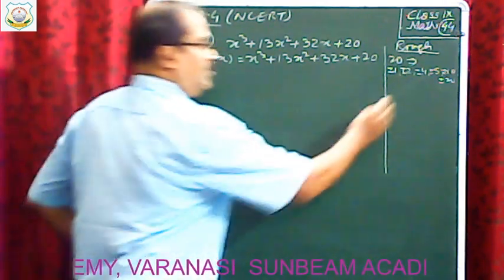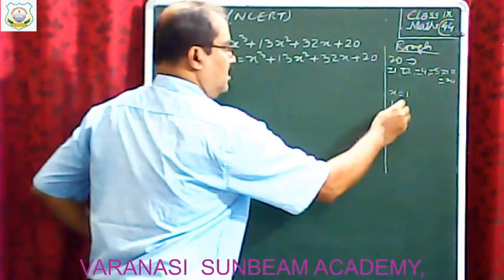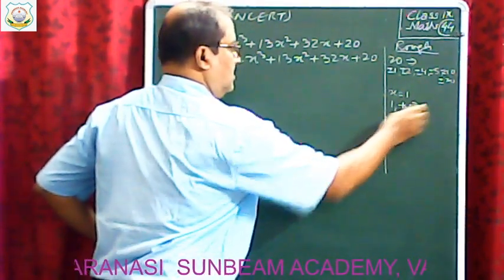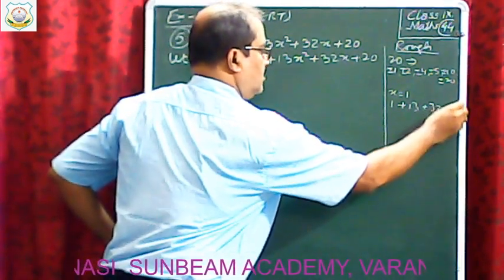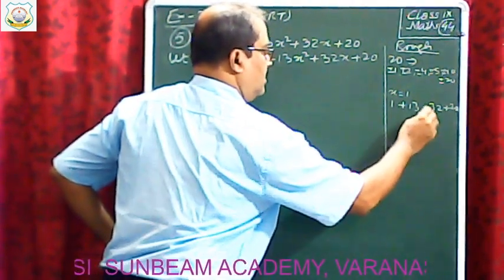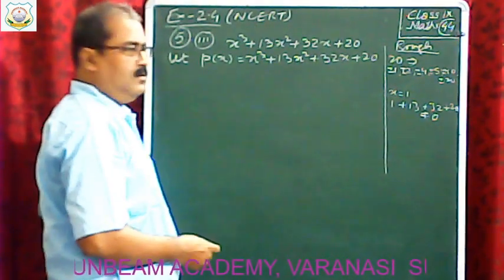First of all put x equal to 1, rough work. 1 cube, 1 plus 13 plus 32 plus 20. All are plus, so it can never be 0. Not equal to 0.